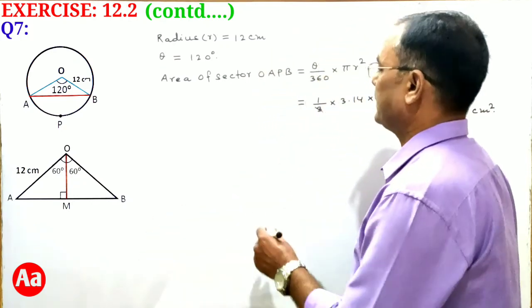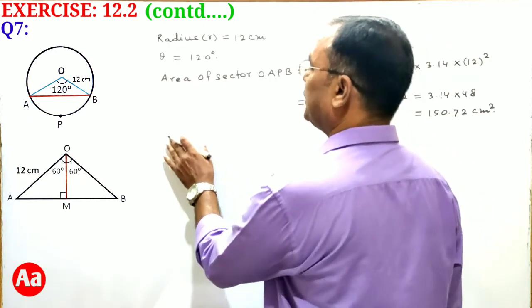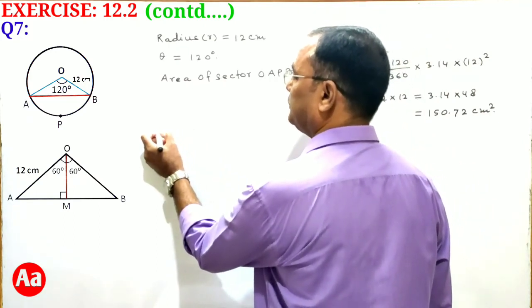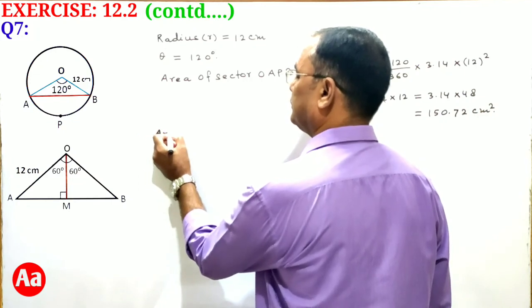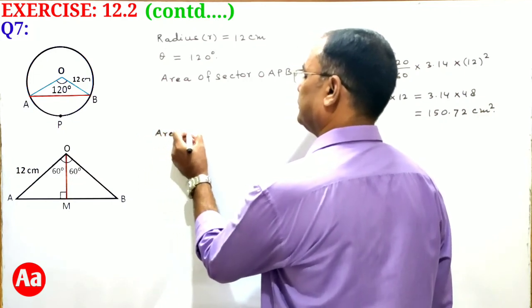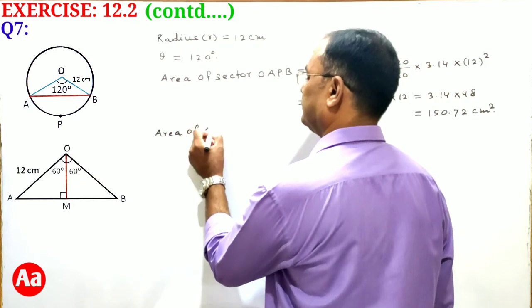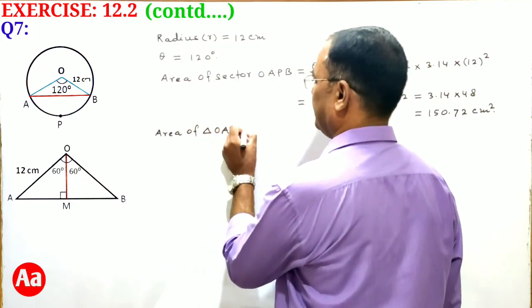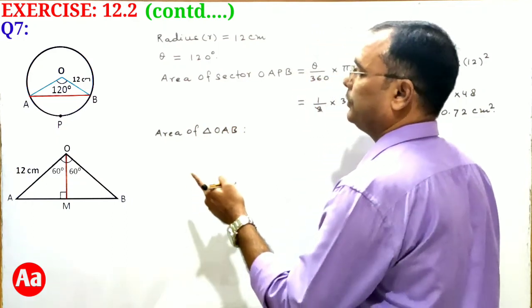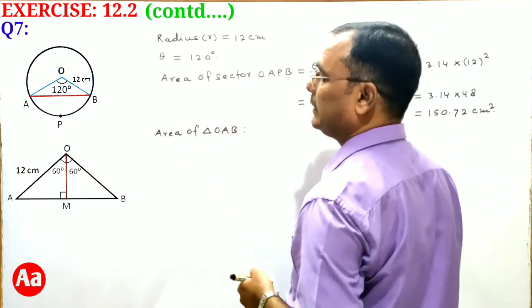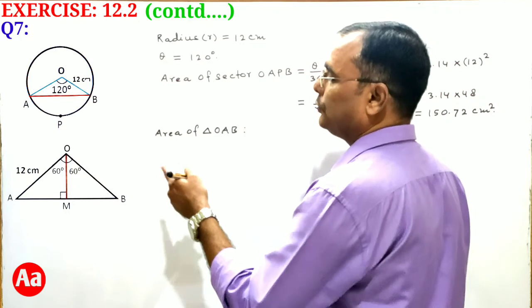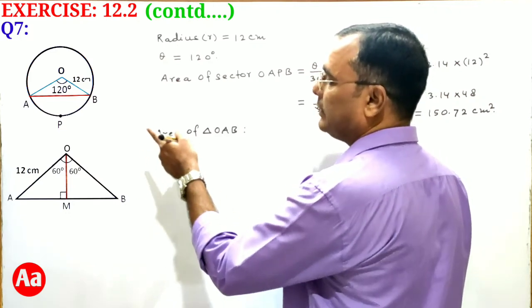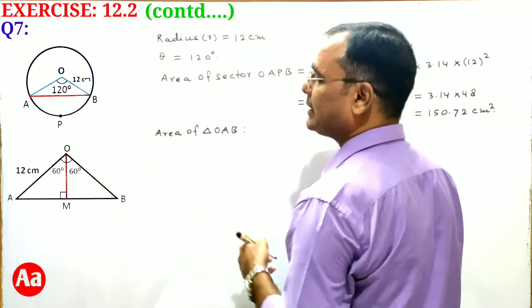So for the area of triangle OAB, first we will draw perpendicular OM to the side AB, and we are going to calculate height OM and base AB.